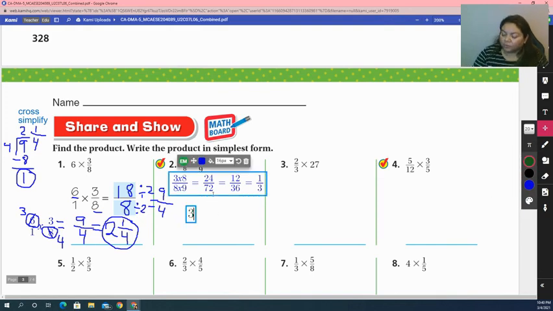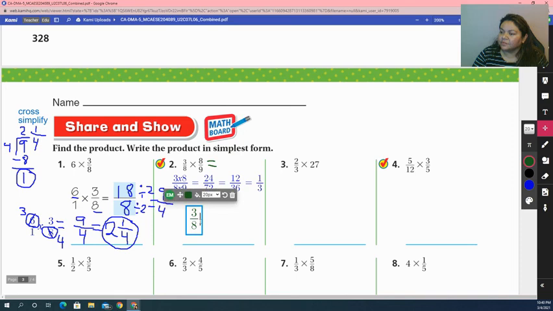So I'm going to rewrite 3/8 times 8/9. I'm doing the same problem, but now I'm going to show you what happens when you cross multiply. I mean, cross simplify. My apologies.